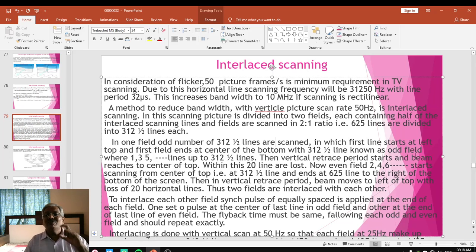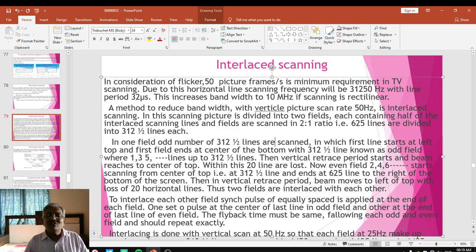So like this, one vertical frame is divided into two fields. In each field 312.5 lines are scanned, out of which 20 lines are lost in every field during the vertical retrace period, so as to maintain the scanning rate the same as that used in rectilinear scanning.